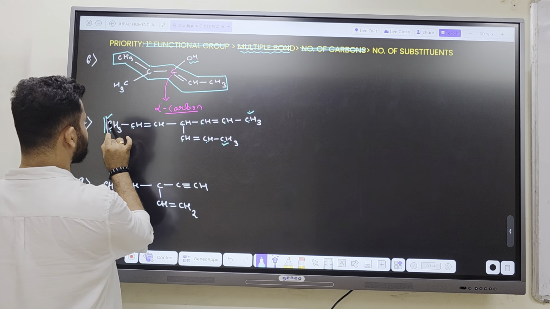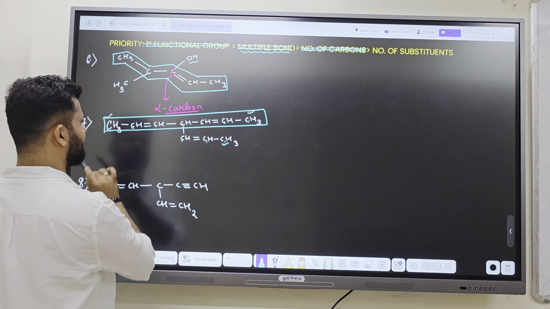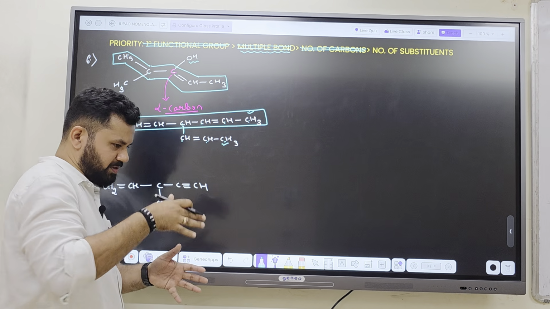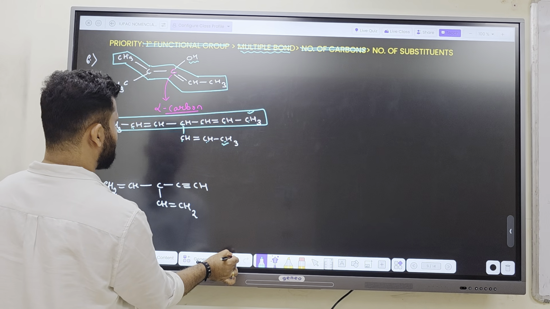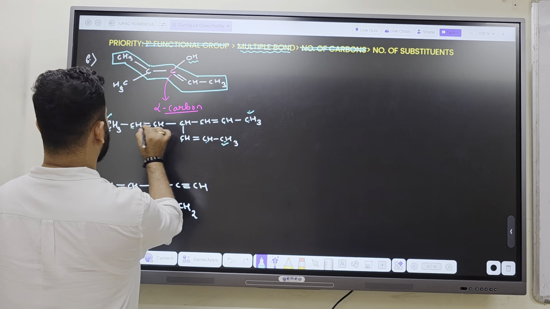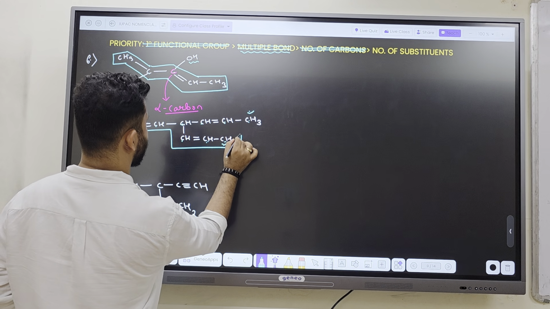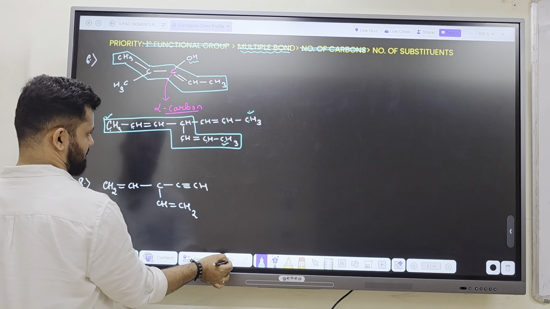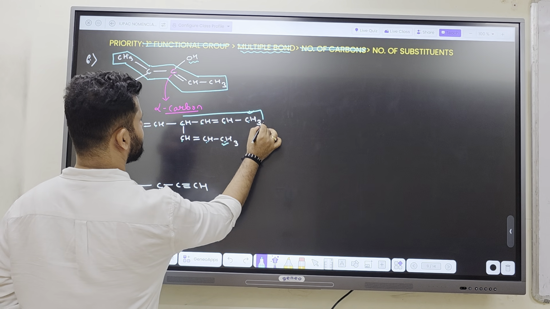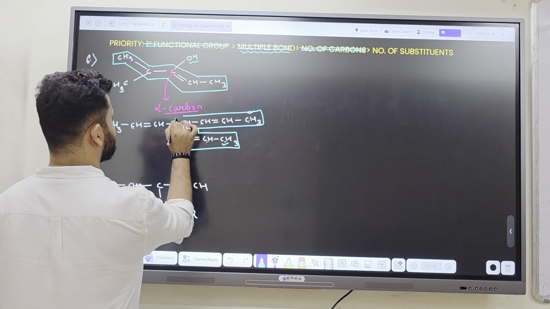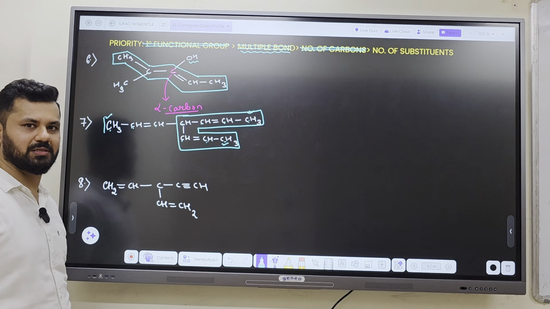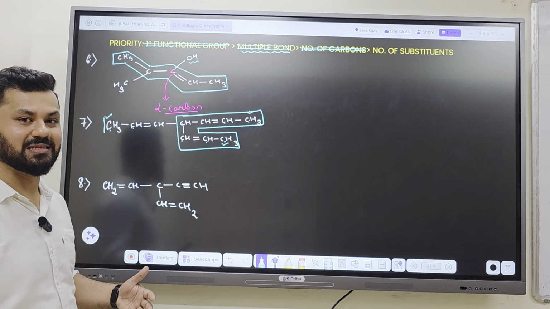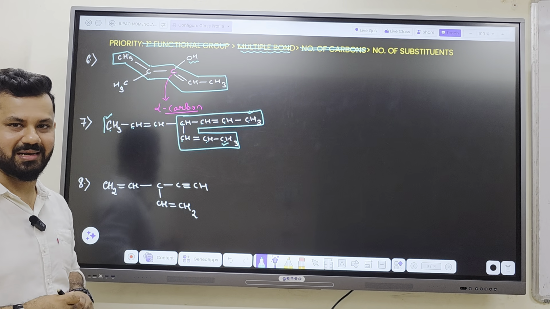If I select this straight chain like this, I will have this one substituent, right? Since there is one link, it means one substituent. If I select this way, I still have one substituent. And if I select this way, I still have one substituent. What it means is that you can select the carbon chain either way. All three are correct.